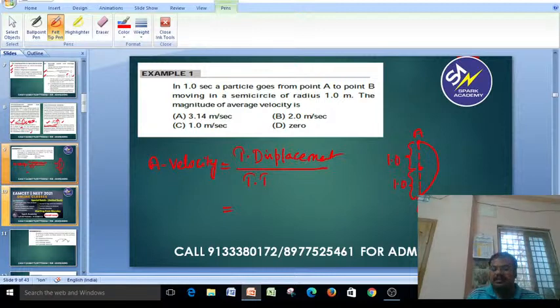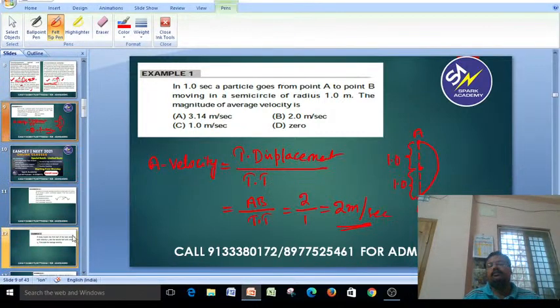The shortest distance between the 2 points is AB, so AB divided by total time taken. AB is 1.0 plus 1.0, so 2 divided by 1 second, which is equal to 2 meters per second. This is the basic content of how you apply the formula to the problem.